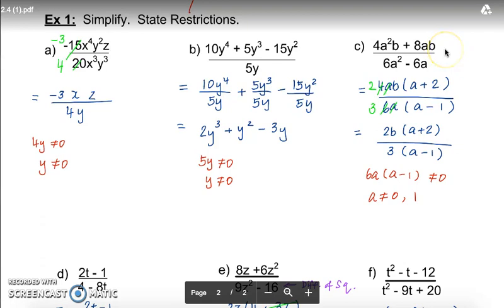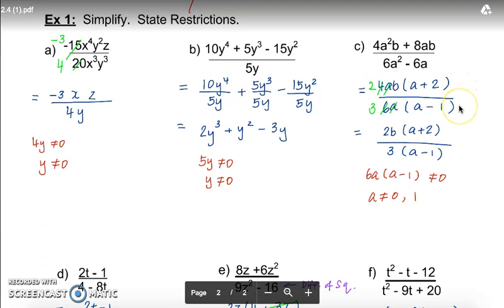By factoring 4a squared b plus 8ab into 4ab times a plus 2, and factoring 6a squared minus 6a into 6a times a minus 1, now I have 4ab times a plus 2 divided by 6a times a minus 1. So times and divide can be done at the same time.